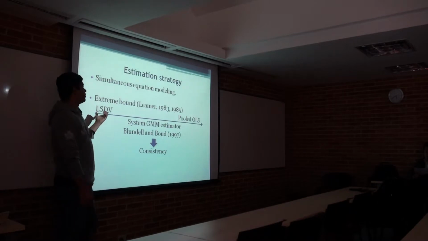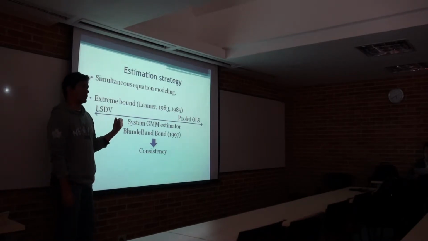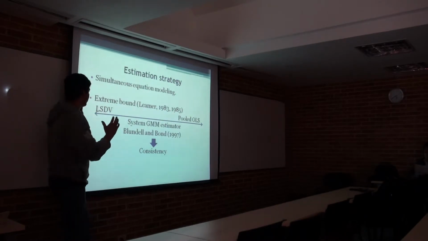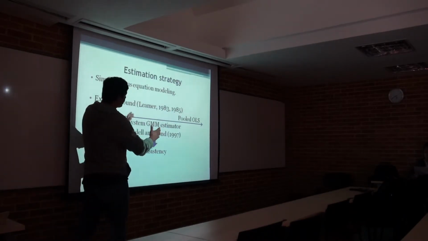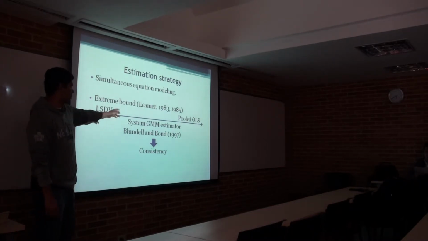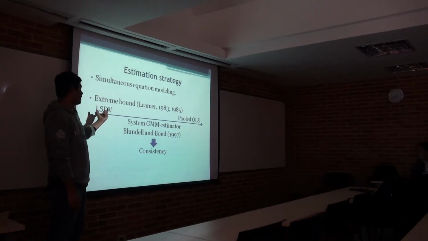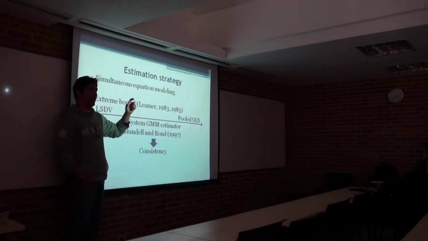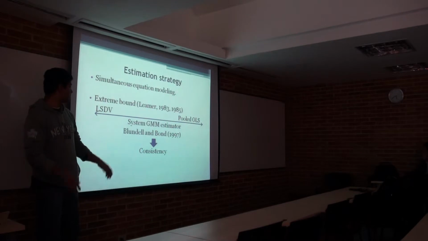The extreme bound is the most interesting approach in this field. The extreme bound analyzes the lower and the upper estimations in the model. You can see this is the minimum and the maximum when you can find the estimates.